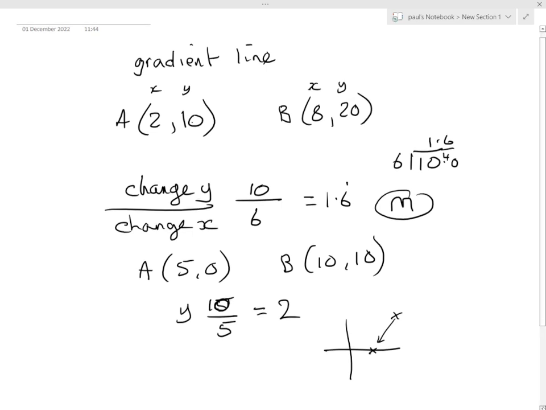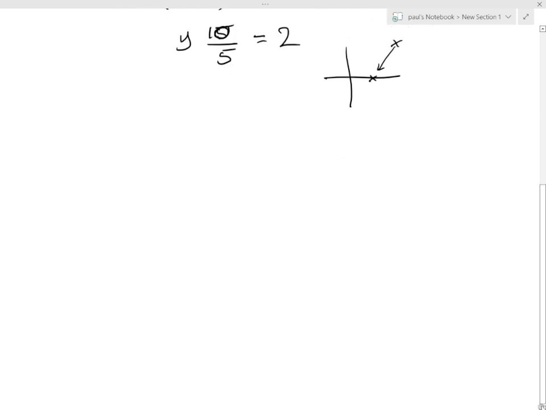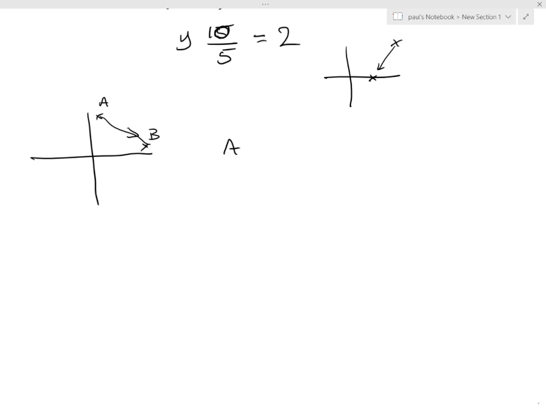I want to do a line that gives me a negative gradient. So if I have a negative gradient, I'm going to go from there down to there, in that direction. So I'm going to call this A and I call this B. So A might be 2, 10, and B was down here, might be 10, 2.